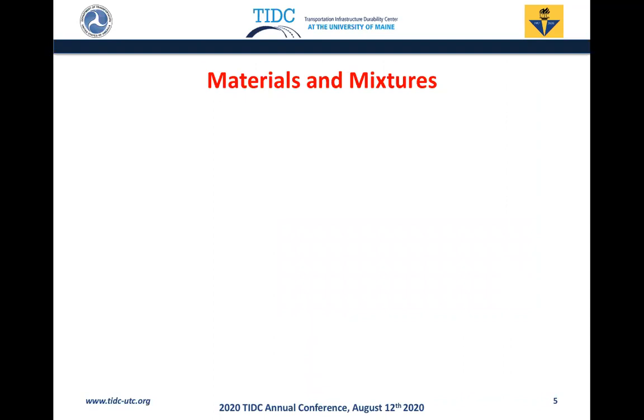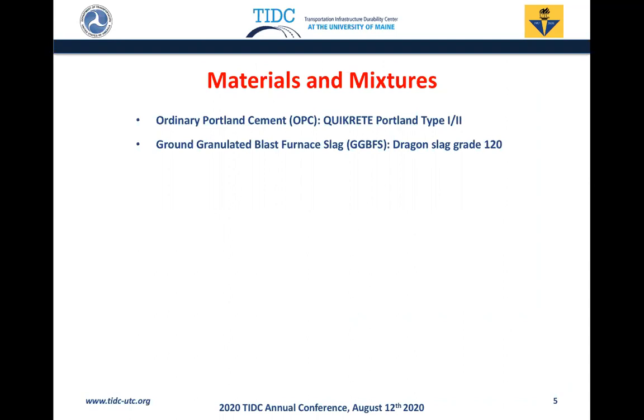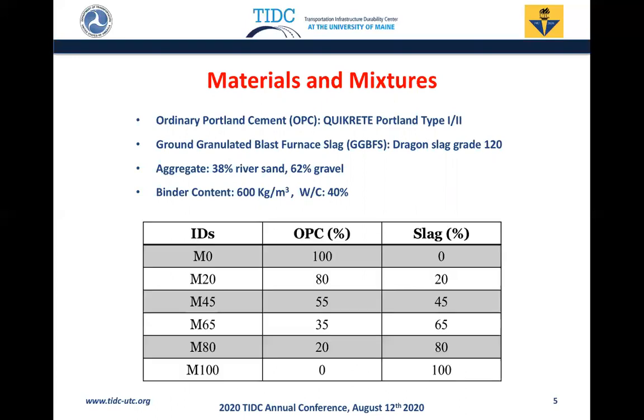Materials and mixtures in this test are OPC type 1-2, slag grade 120, 38% sand, 62% gravel. Our binder content is 600 kilograms per cubic meter. Water cement ratio is 40%.